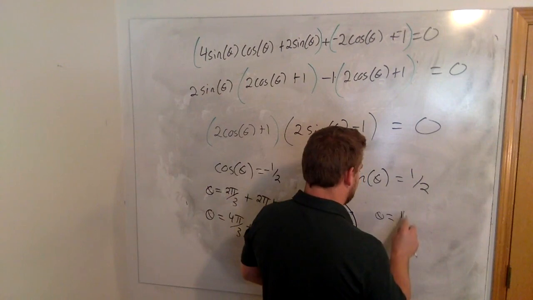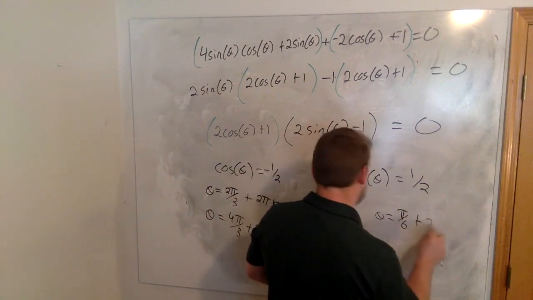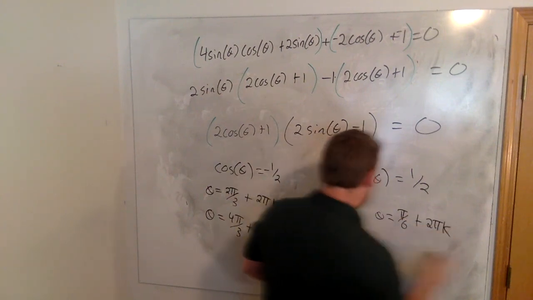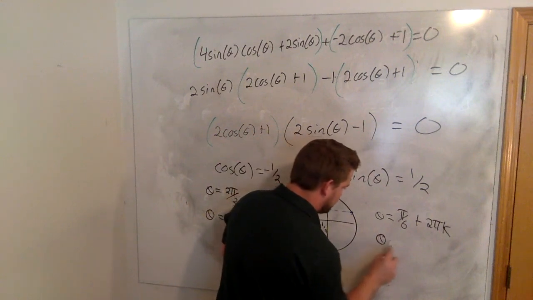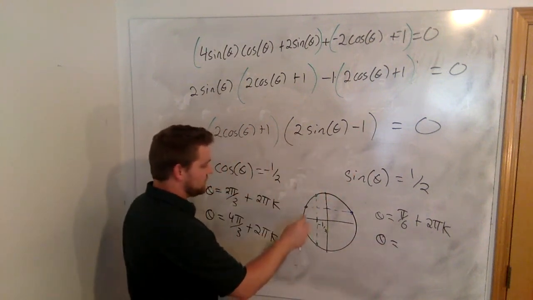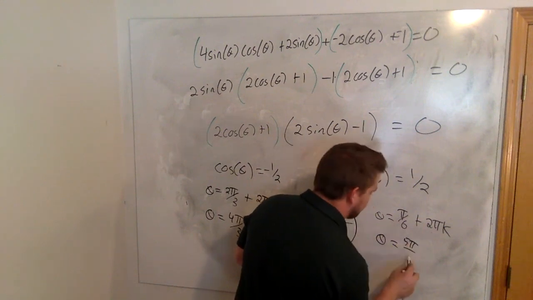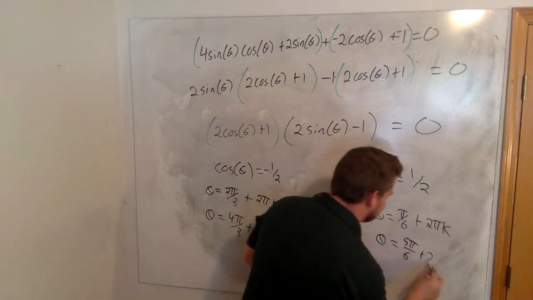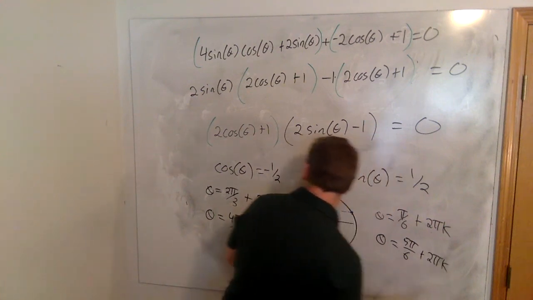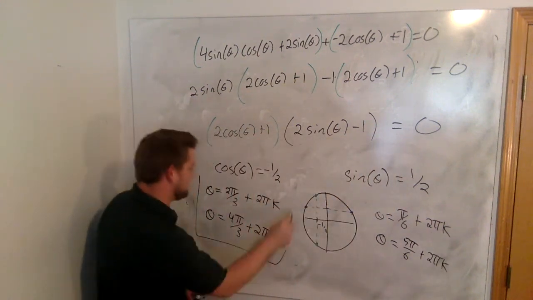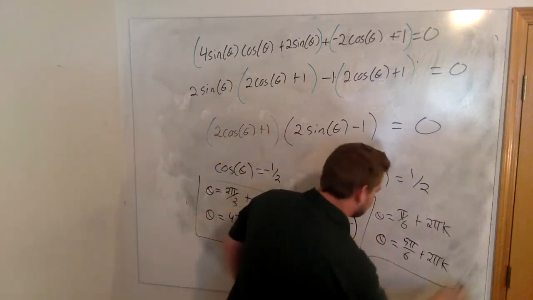So we'll get pi over 6 plus 2 pi k. Or we could also get theta being equal to 5 pi over 6 plus 2 pi k. So here are our solutions.